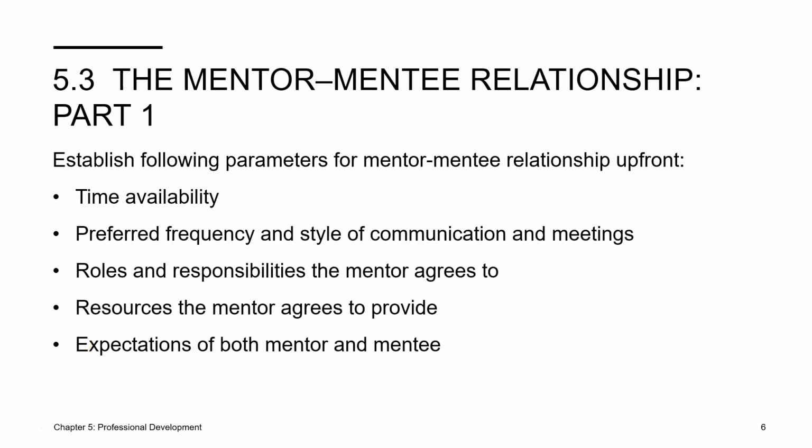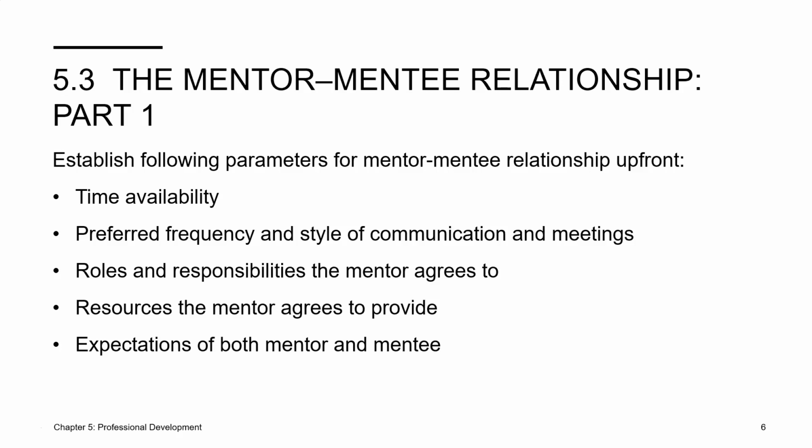Section 5.3 goes over the mentor-mentee relationship, and so when working with a mentor, it's really important to establish the following parameters up front. So what is the time availability, and how much time will the mentor give you versus how much time you're expecting of the mentor.